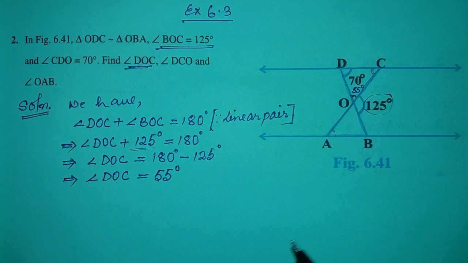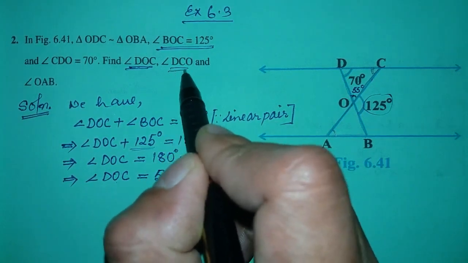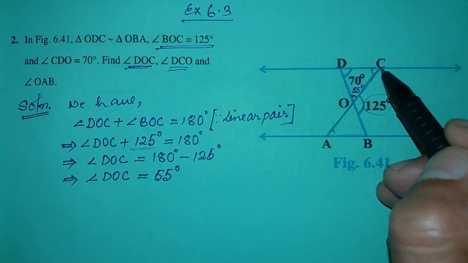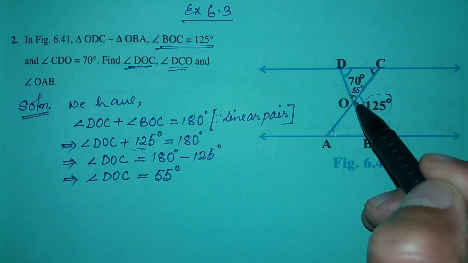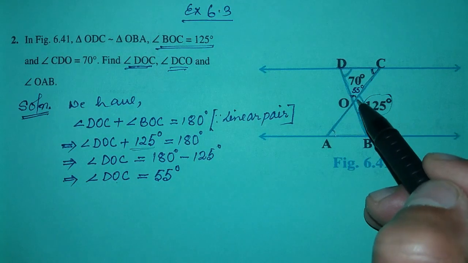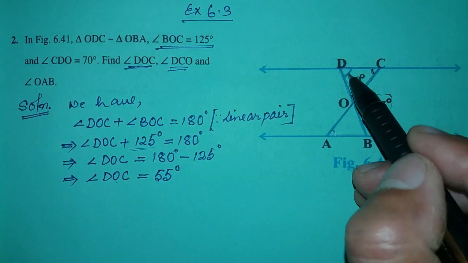Now to find DCO, the second one, we're going to use the properties of a triangle, that is the angle sum property.